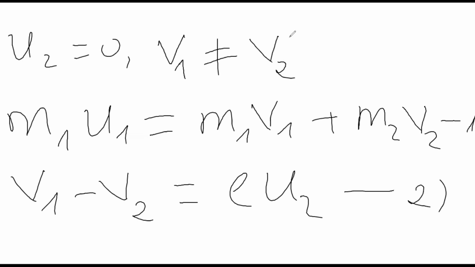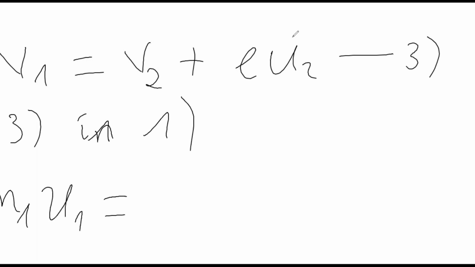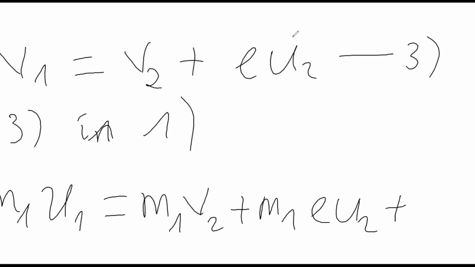From equation 2, v1 is v2 plus e u1. If we call this equation 3, then we substitute this in equation 1. We'll have m1 u1 to be m1 v2 plus m1 e u1 plus m2 v2.